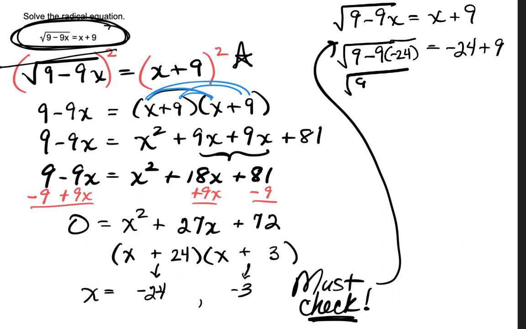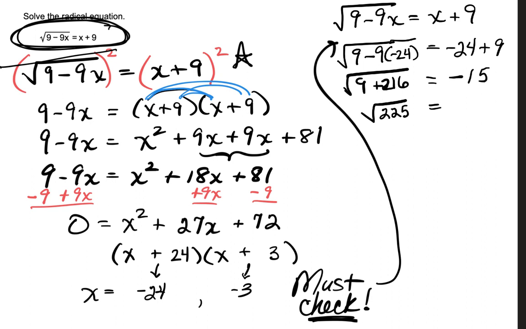So let's see, 9, and then 9 times 24 is 216, I think. I'm doing that in my head. But that gives you the square root of 9 plus 216, which is 225. And then over here, negative 24 plus 9 is negative 15.